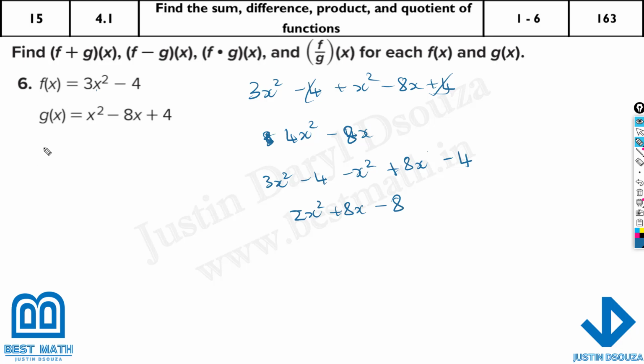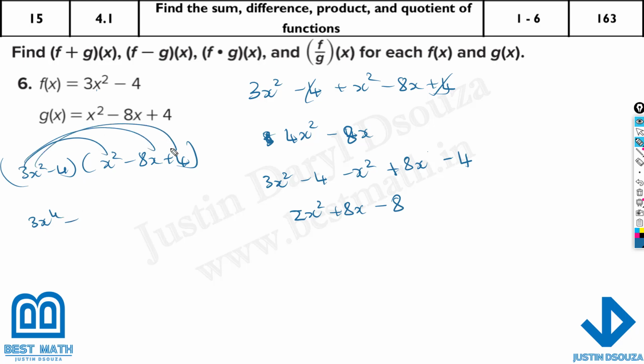Now let's do the multiplication. It will be 3x squared minus 4 times x squared minus 8x plus 4. That will be 3 times x power 4. You need to multiply all the three terms. Minus 8 times 3 is 24 x power 3, and 3 times 4 is plus 12 x squared, and then the same thing over here, minus 4x squared minus 32x, and lastly we have minus 16.